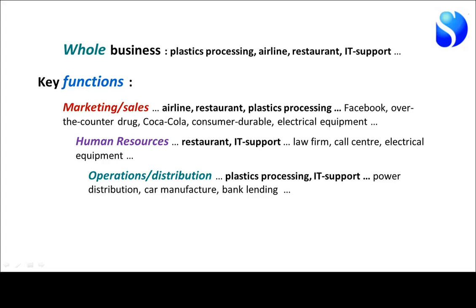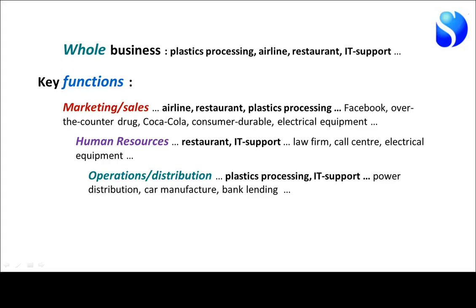There are operations and distribution examples as well, obviously in the plastics processing case, the IT support case. But we talk about a power distribution company and the operations challenge that they face to make sure that their equipment is reliable. We talk about the need for a car manufacturer to build and sustain its distributor network.